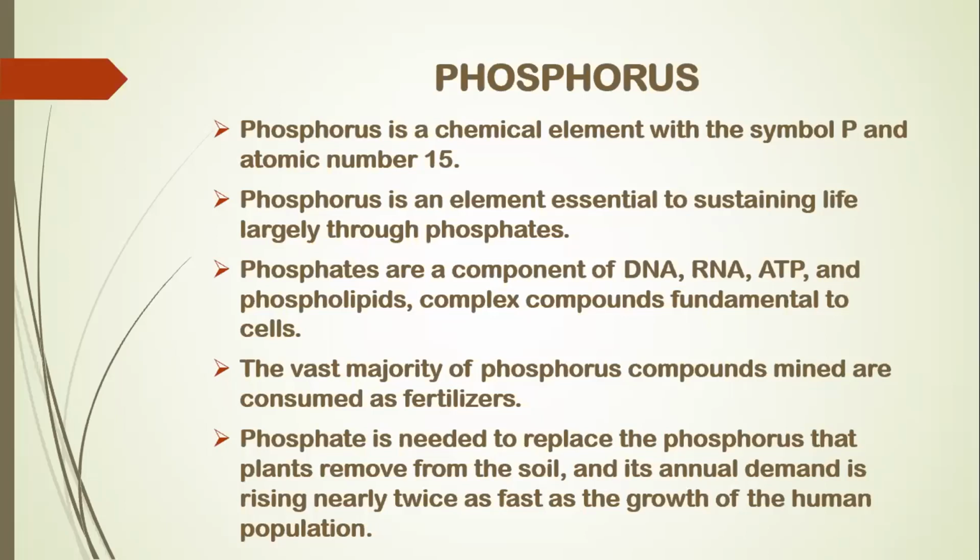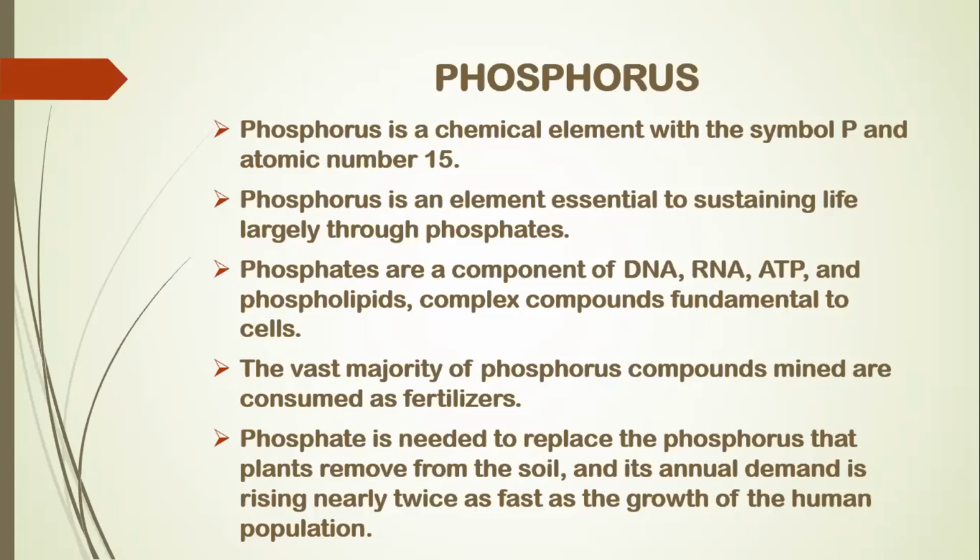Phosphates are a component of DNA, RNA, ATP. ATP is the energy transfer molecule that's present in animals and plants, and part of the physiology or the metabolic system of animals and plants. And phospholipids, complex compounds fundamental to cells, both animal and plant cells.